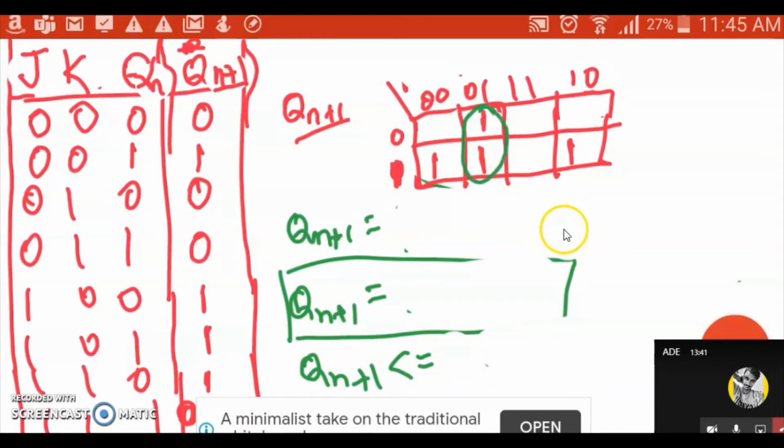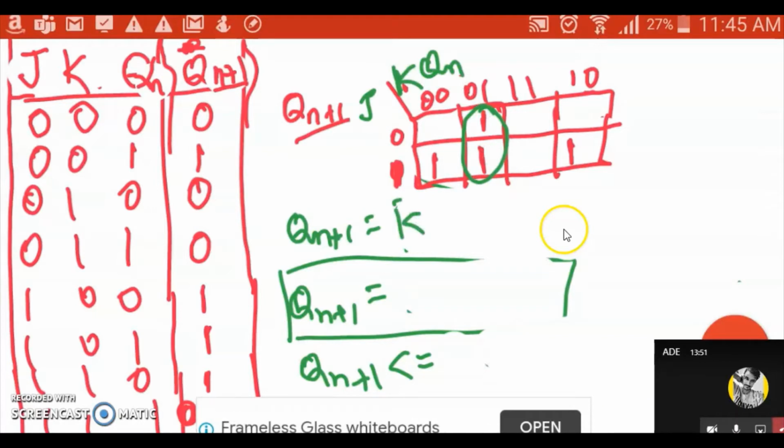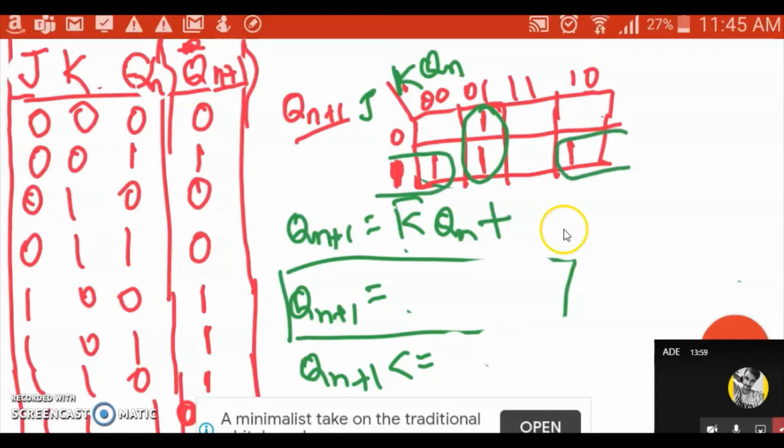So I group this. This is J, K, Qn. The expression here is K bar Qn plus, for this, by folding the map, I can do this grouping. So the expression here is J Qn bar.